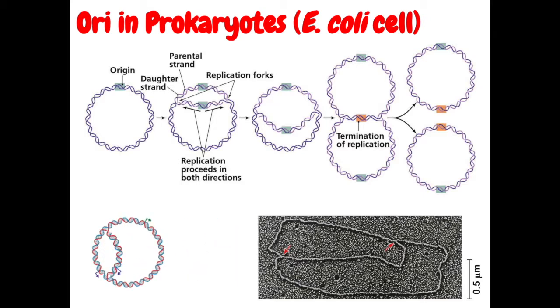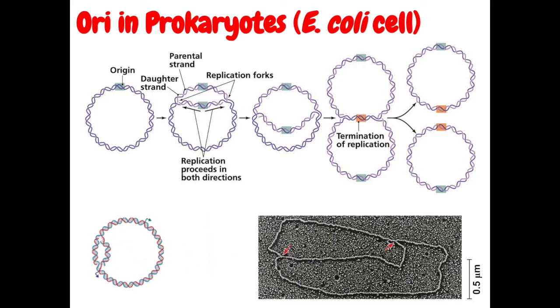So you're going to start at the origin of replication, and enzymes are going to start breaking the hydrogen bonds in that DNA. As they break the hydrogen bonds, you're going to expose the template strand. Other enzymes are going to come in, grab onto that template strand, read it, and add nucleotides that are complementary to that template strand.